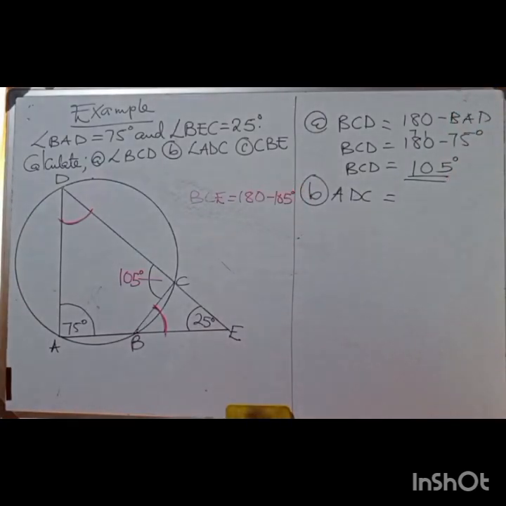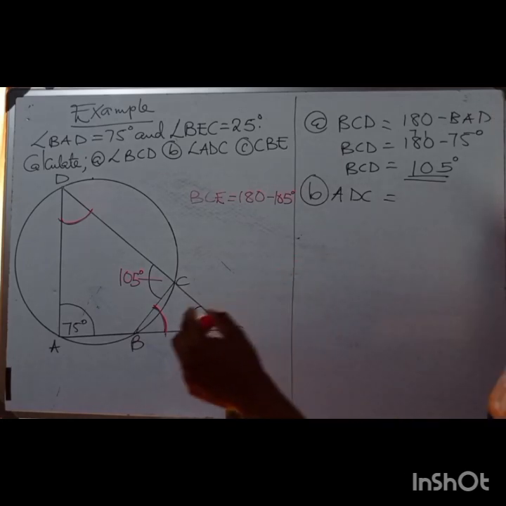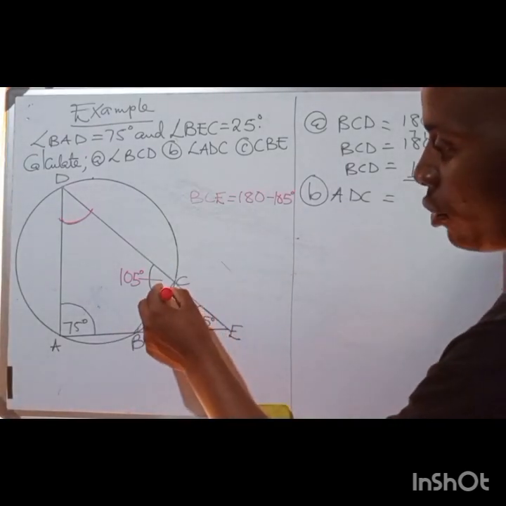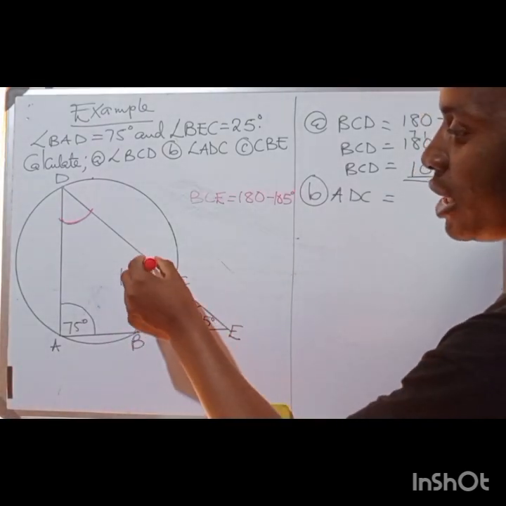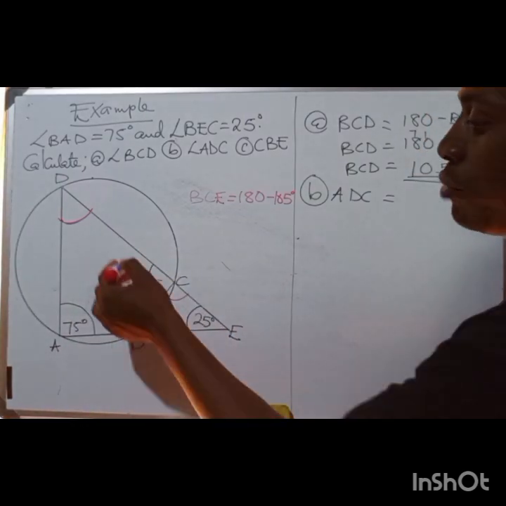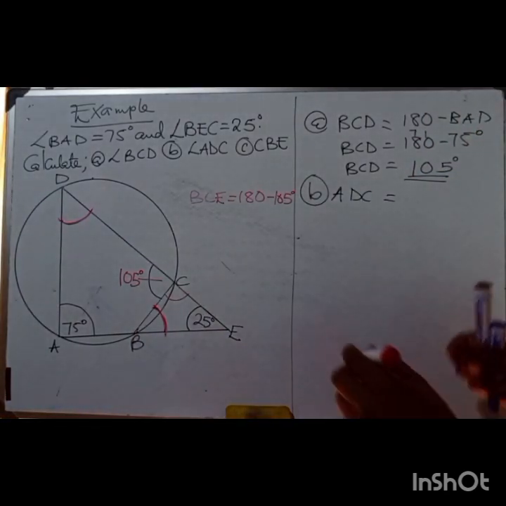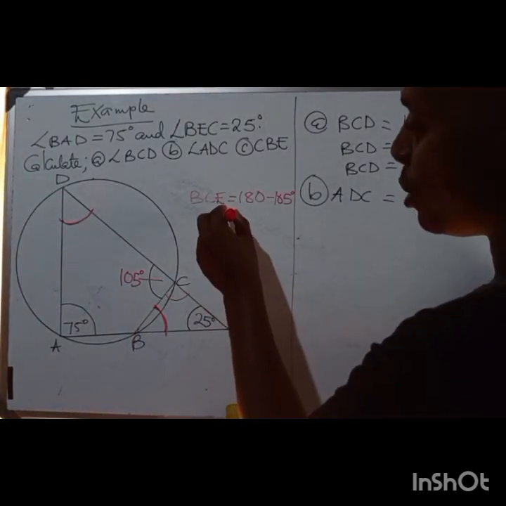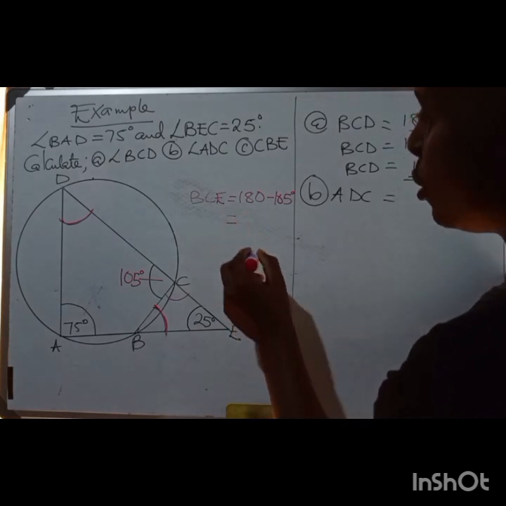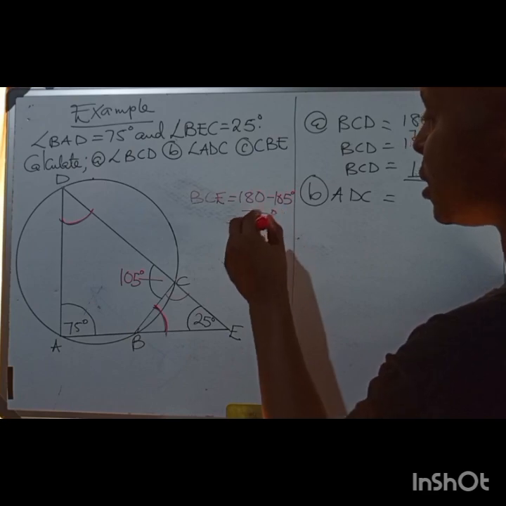To find BCE, this angle here, we say 180 minus 105. Why do that? Because it is a straight line. So this one will be equal to 75 degrees.